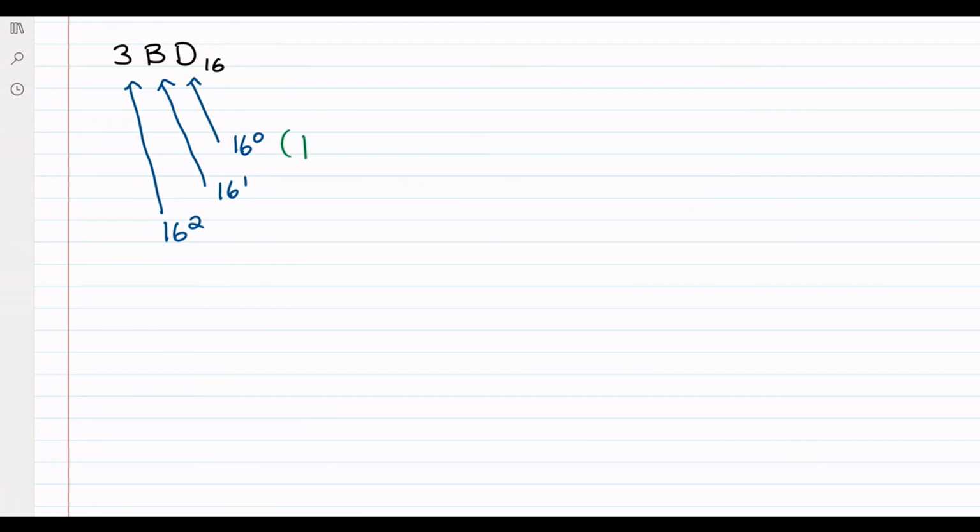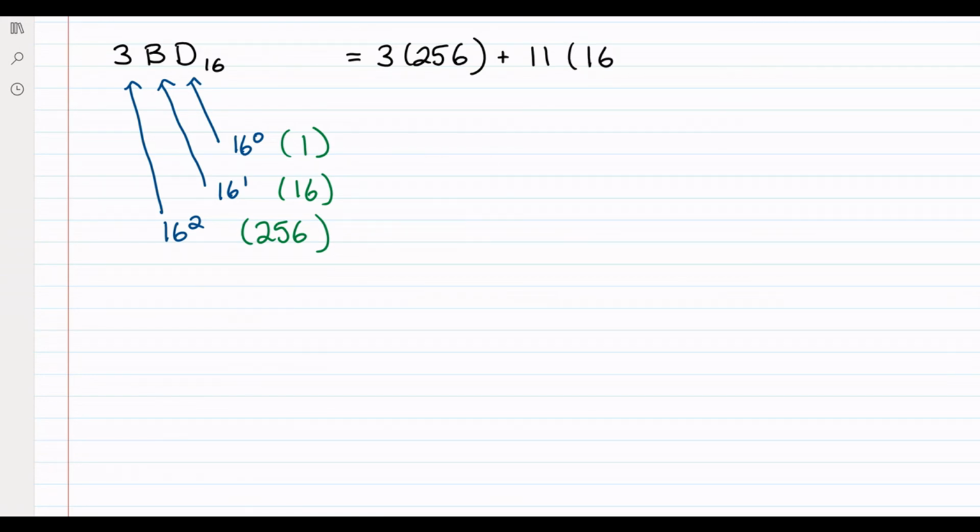So you'd have the 1's, the 16's, and the 256's column. If you wanted to convert back to decimal, you would have 3 256's. Now B would be the equivalent of the number 11, so you'd have 11 16's, and D would be 13.